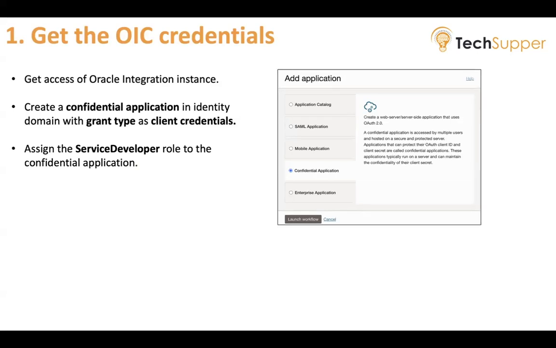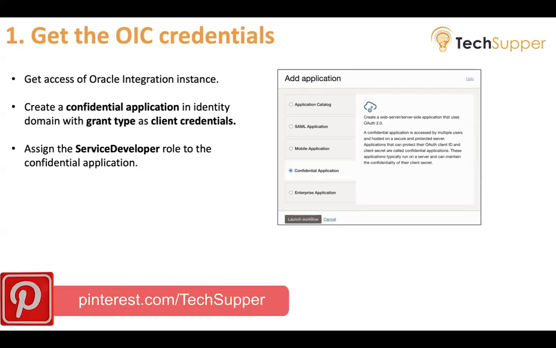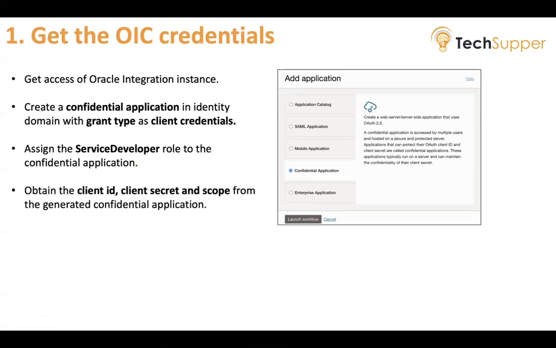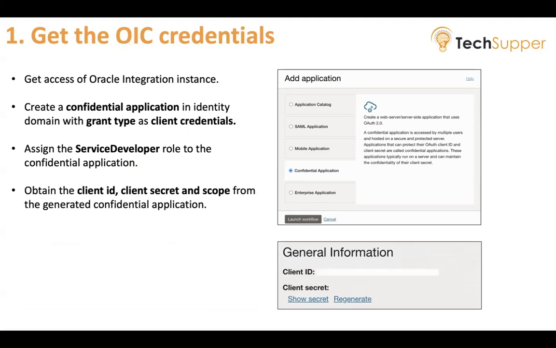Then after your confidential application is created, you have to add this application in the service developer role of your Oracle Integration instance in which you want to register your adapter. Obtain the client ID, client secret, and scope from the generated confidential application.